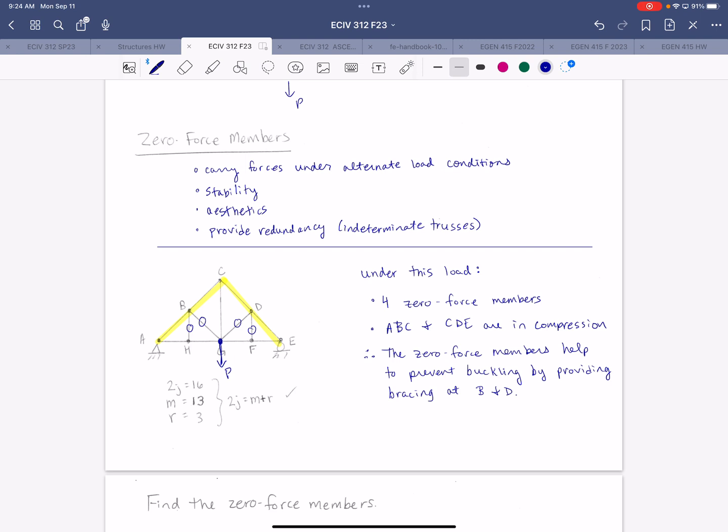So buckling is a concern that we have to think about whenever members are in compression, right?